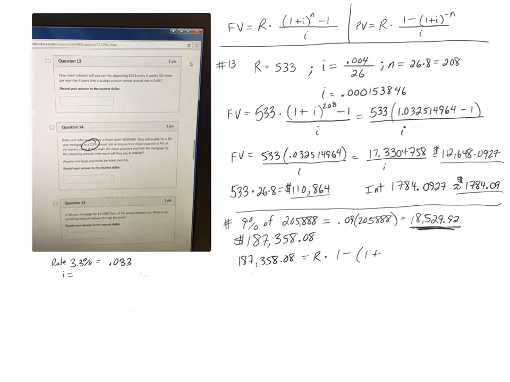They're going to pay once a month, so it'll be 0.033 divided by 12. If we get that number, we get 0.00275. So that's our I number.